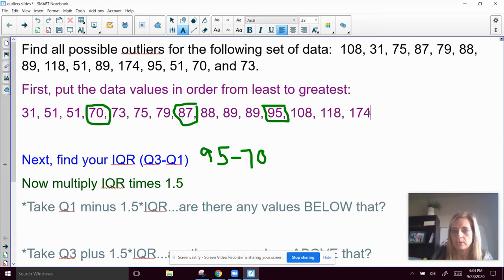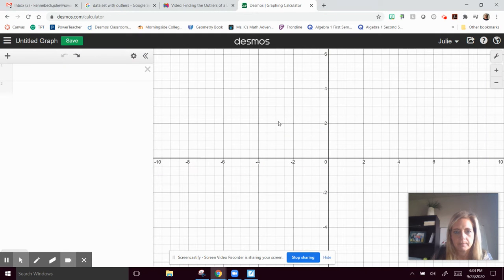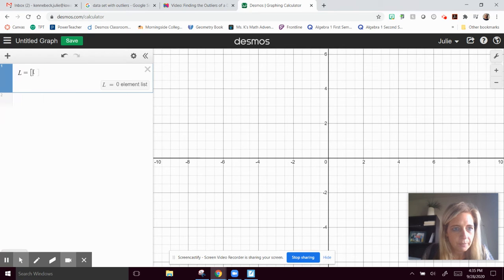So I'm going to copy my data set here and put it into Desmos. Oh, it's not going to let me copy and paste.